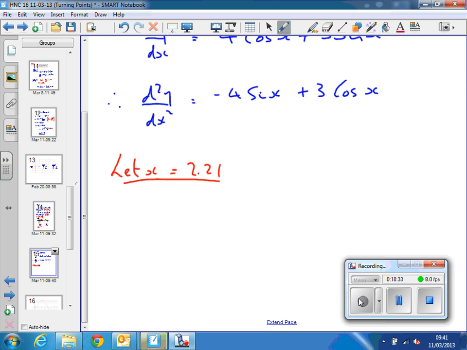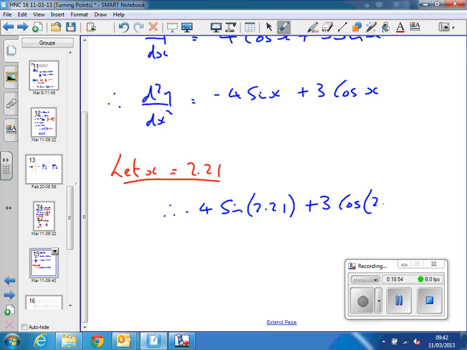Okay? So what we're going to do is calculate the value for this. We put it into our calculator, and we let x equal 2.21. So minus 4 sin 2.21, again making sure we're in radians, plus 3 cos 2.21 equals, right, so it's negative, therefore it's a maximum.